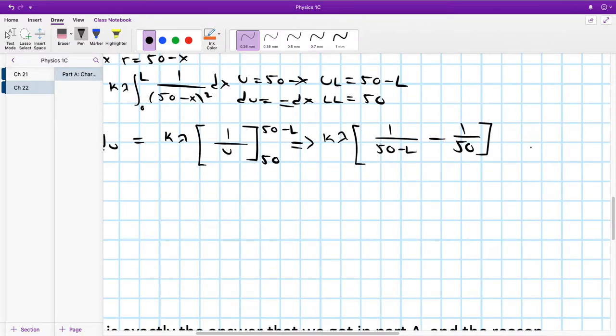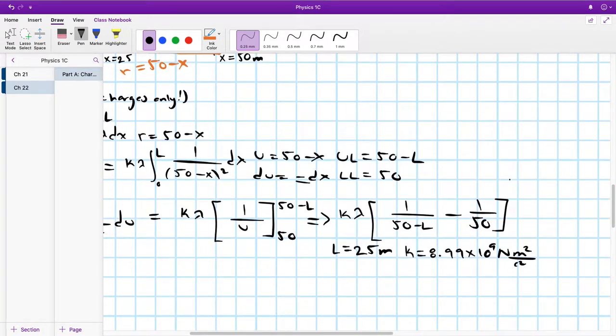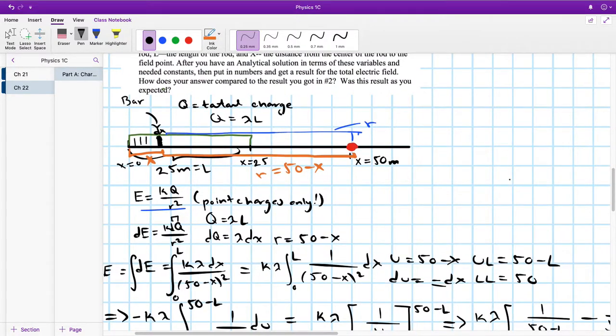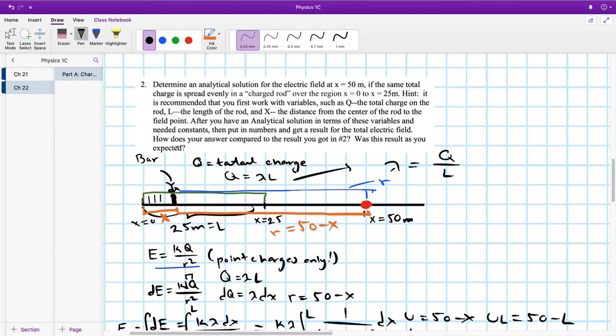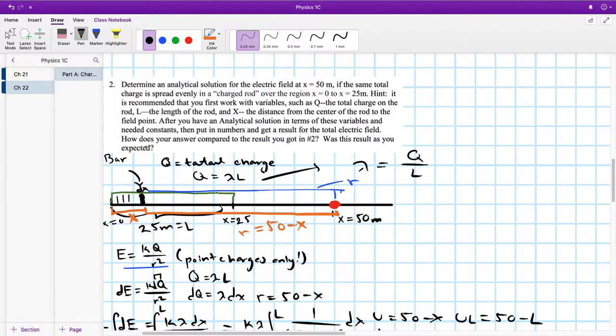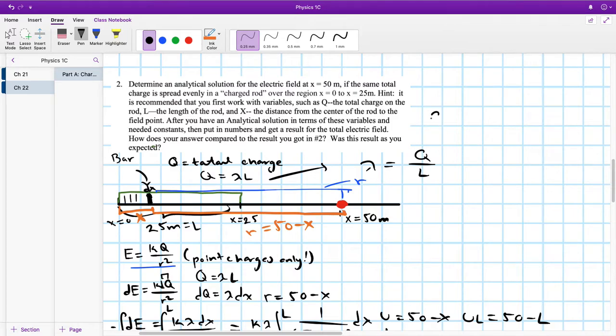Okay, now we know that L is equal to 25 meters, and K is equal to a constant, which is 8.99 times 10 to the 9 newtons times meter squared over coulombs squared. But what is lambda? So if you go back up here, we saw that lambda is equal to Q over L. The total charge from this problem is, it's not shown, but believe me when I say the total charge is 25 coulombs.